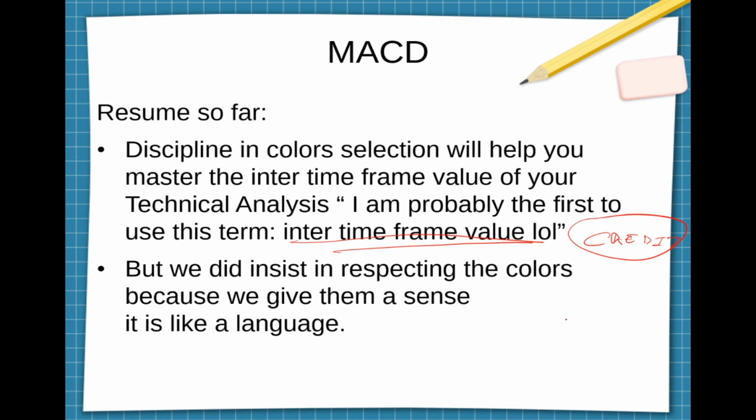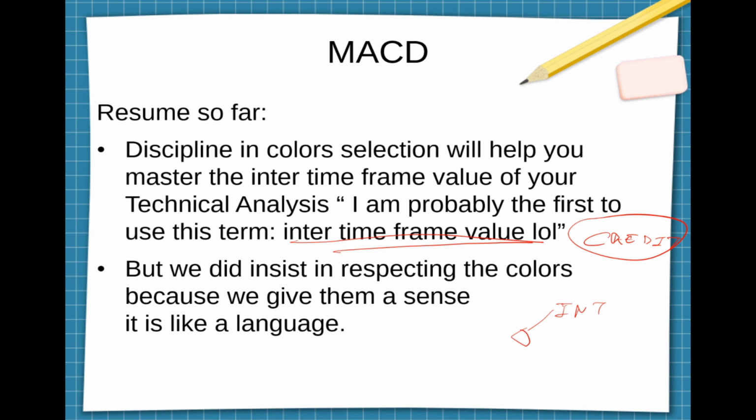So we can literally take an interpretation and go all the way down to a lower time frame and bring that interpretation to the lower time frame.